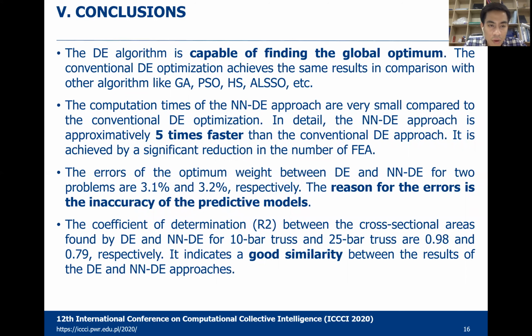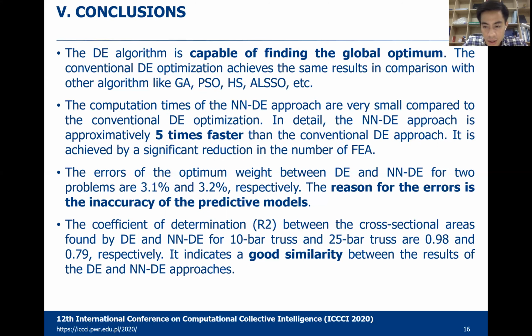The conventional differential evolution achieves the same result in comparison with other algorithms like genetic algorithm, particle swarm optimization, and harmony search. Minor differences in results obtained from different algorithms are due to the use of different finite element analysis codes.